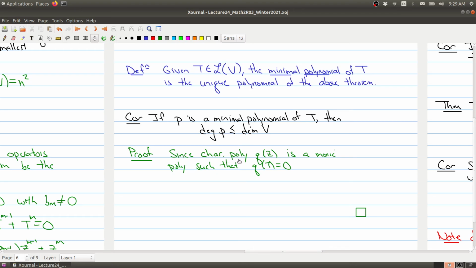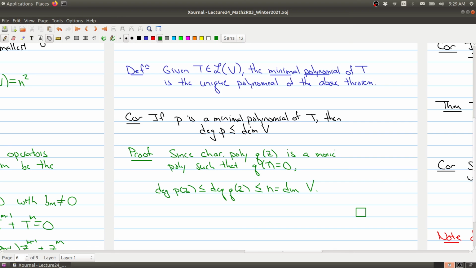Since the characteristic polynomial is monic and has the property that when you evaluate it at T, you get 0, the degree of the minimal polynomial has to be less than or equal to the degree of the characteristic polynomial, because the minimal polynomial is the smallest monic polynomial with this property. The characteristic polynomial has degree n, which was equal to the dimension of V.